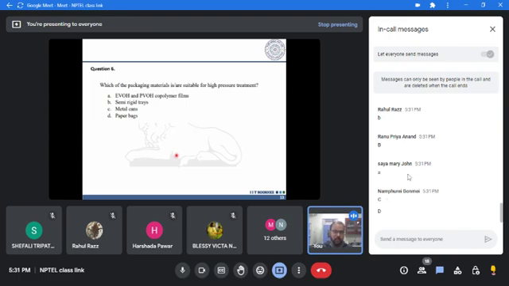Saya Mary John is saying A, Rahul Raj is saying B, Ranu is saying B, Saya Mary is saying A, and Nampure is saying C and D. Okay, you can also say two, not three, because only one will be right. But if you have confusion between two, B or C or A or B, you can say, because at least you are going nearby your choice.